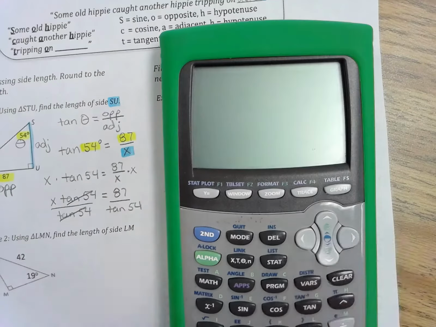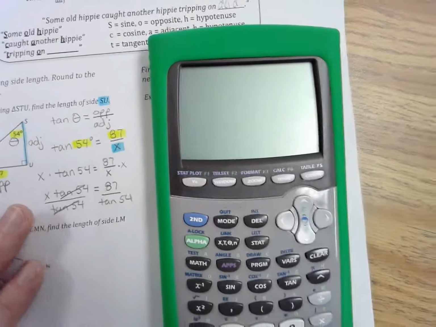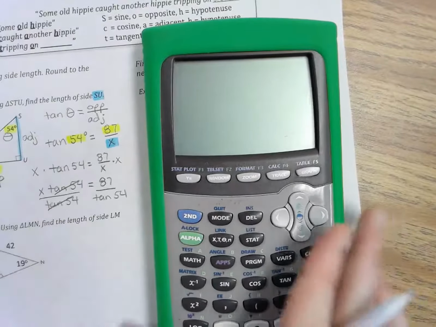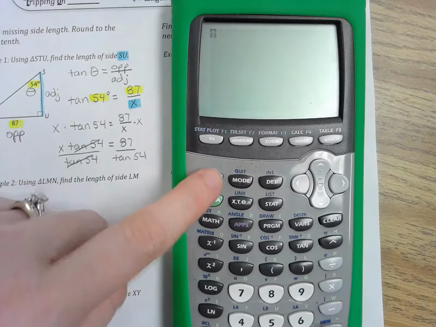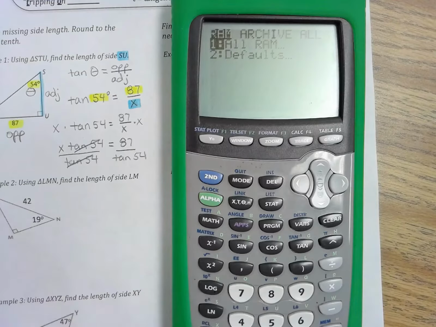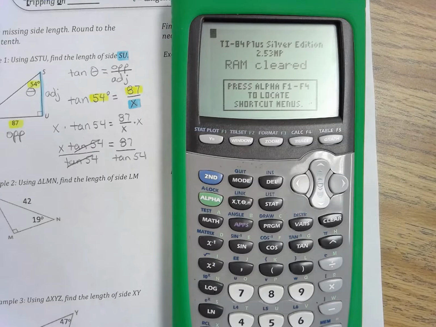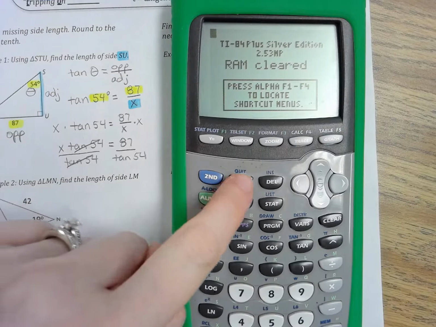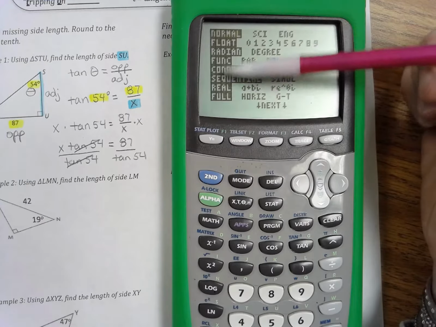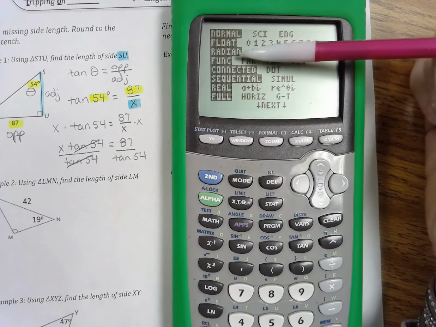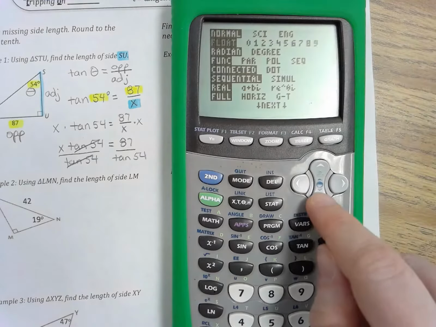Before starting using your calculator, reset the calculator and check the mode. So second memory, 7, 1, 2, second plus sign, 7, 1, 2 is how you do a reset. And then we go to our mode key. After doing a reset, it automatically resets everything to the left-hand side, seeing that radians is selected and we need degrees.